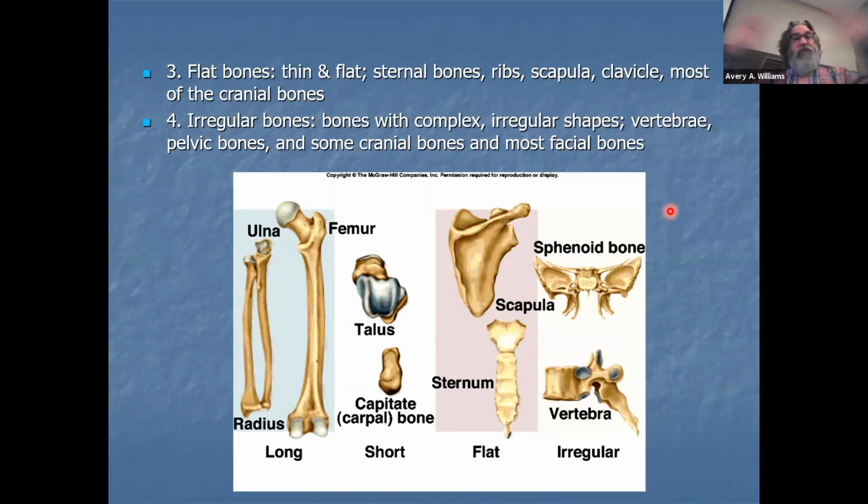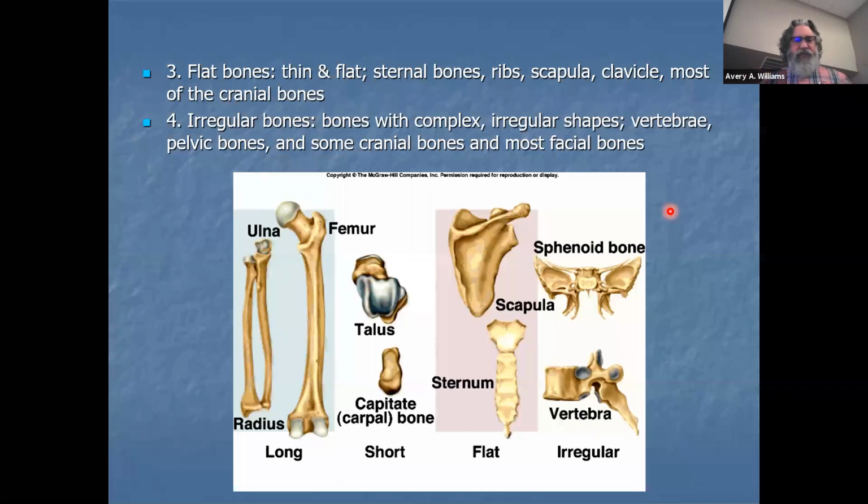Those are all the other bones that are not flat or short or long, just the other ones that have weird shapes. Here are the bones with complex, irregular shapes, like all your vertebrae. We can see there's 26 different articulating vertebrae and then a number of fused vertebrae, but they're all considered irregular bones.